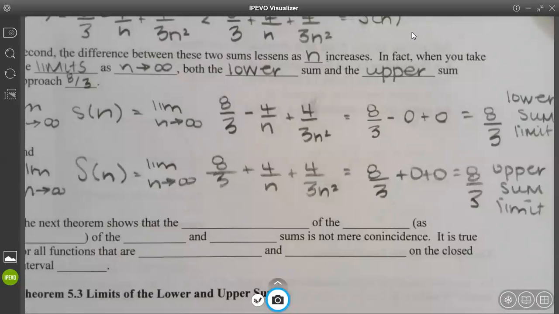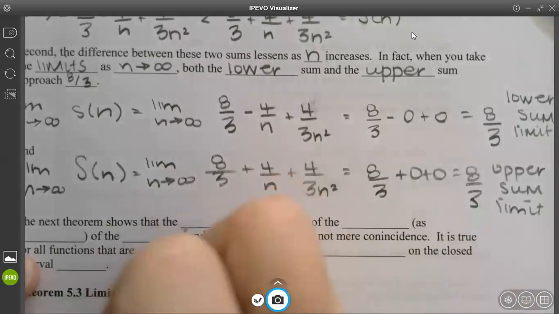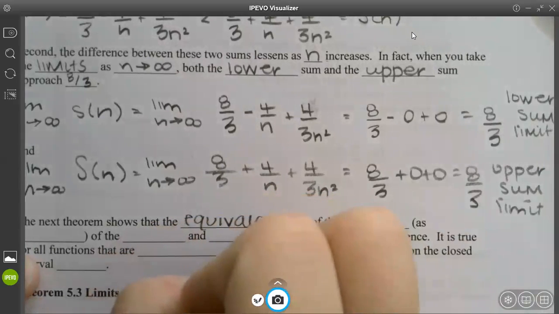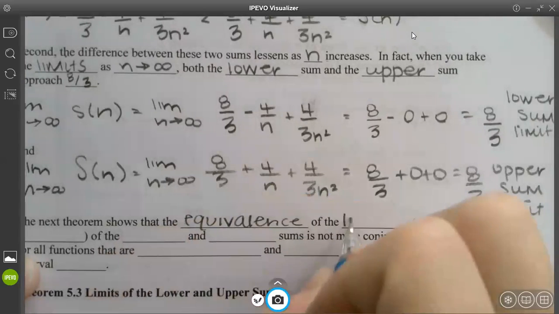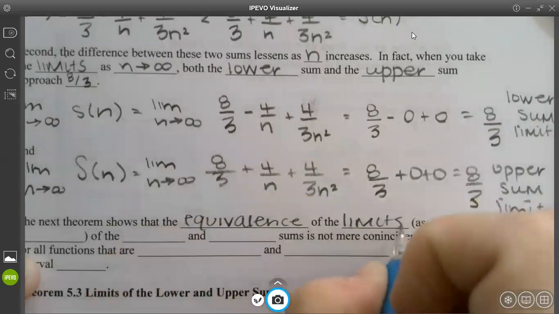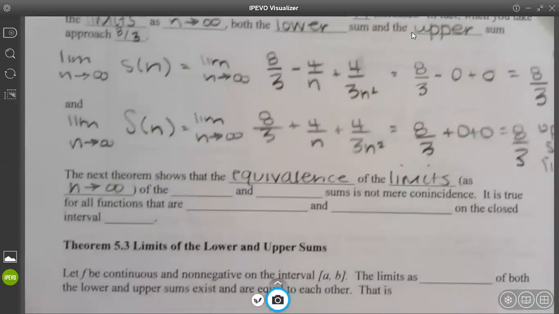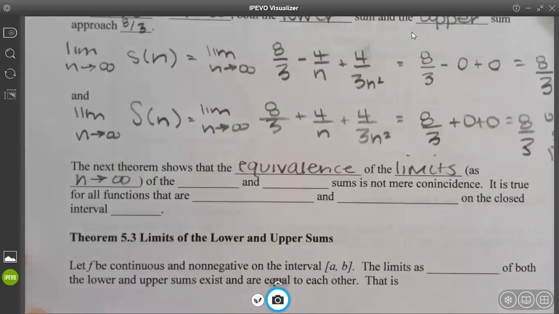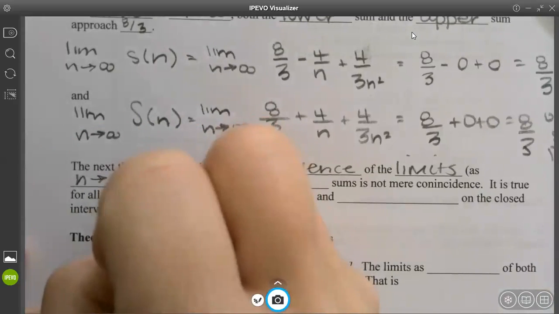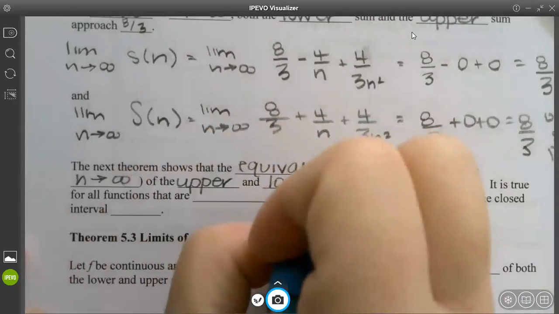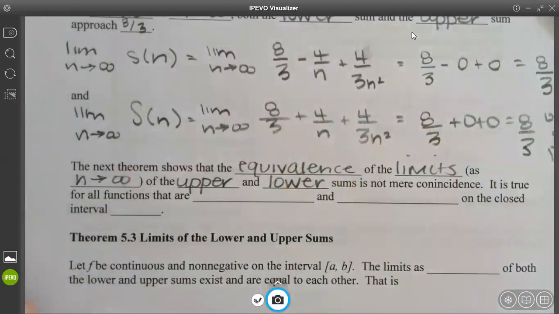The next theorem shows that the equivalence of the limits as n approaches infinity of the upper and lower sums is not mere coincidence.